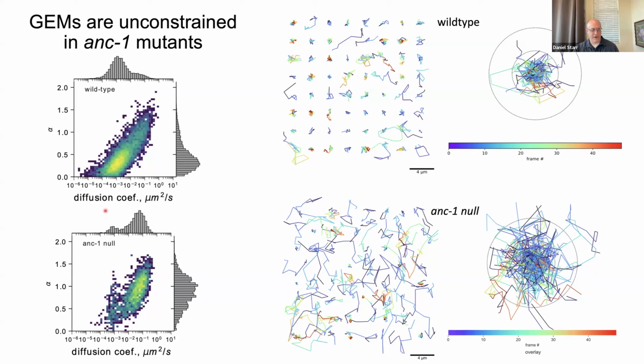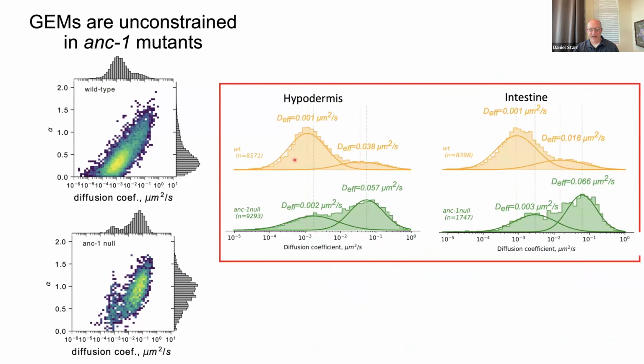And in the ANK1 null, you can see in wild type, most of them are way down here, moving very slowly with a low alpha. In ANK1, the population has shifted to here, with an alpha around 1 and a much faster diffusion coefficient. And I think it's easier to look at it this way. In wild type, you have this population that's not moving very fast, and in ANK1, the population shifts to this one that can move.